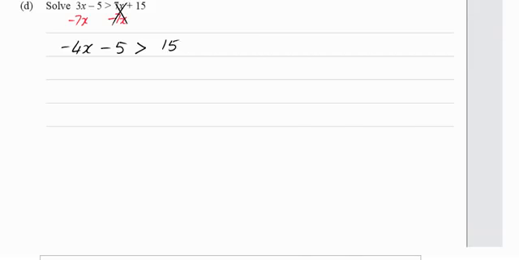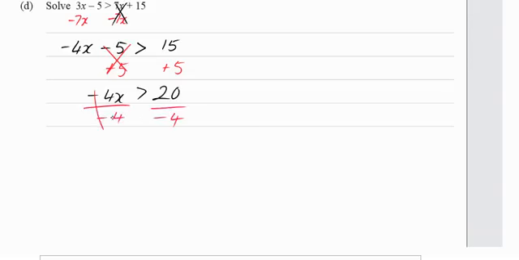So continuing to get our variable by itself, to get x by itself, we're going to get rid of 5 by adding 5 to both sides. So our 5's add to 0, and that just leaves us with negative 4x is greater than, and then 15 plus 5, that gives us 20. Alright, our last step here to get x by itself is going to be to divide both sides by negative 4.